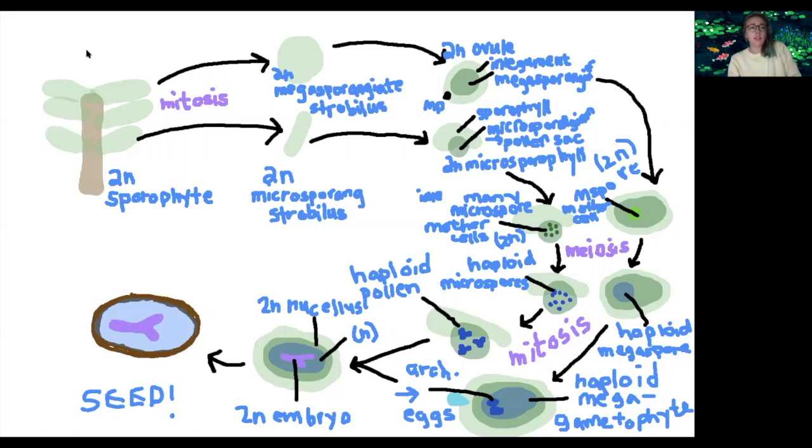So thinking about this central life cycle for all the gymnosperms and how it is varied between them will be helpful, and then we can really come to understand the gymnosperms.